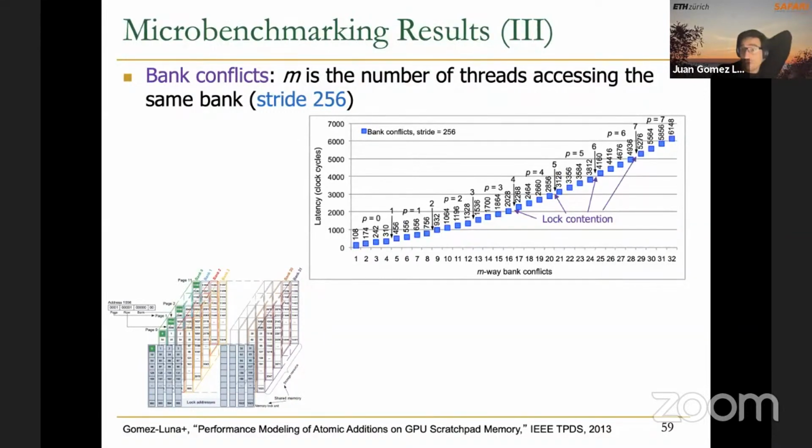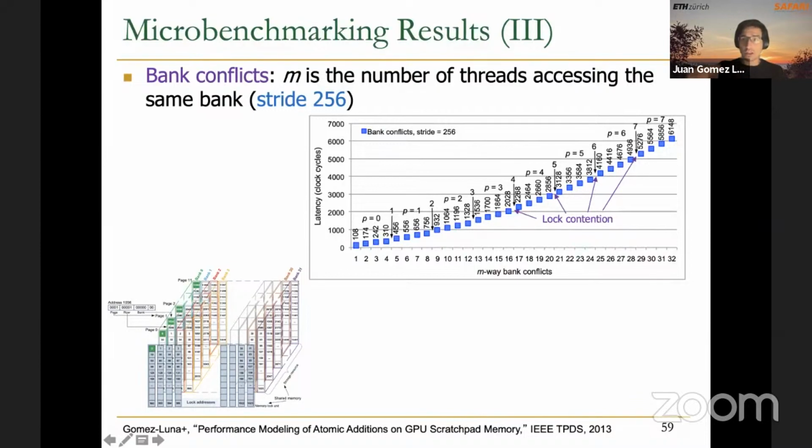And we can also try different strides. Instead of provoking the bank conflict by updating element 0, 32, 64, and so on, we can use a different stride, for example 256. If we use a stride of 256, we have one thread accessing element 0, another thread updating element 256, and the rest of the threads accessing different banks, so they don't cause the bank conflict, right?